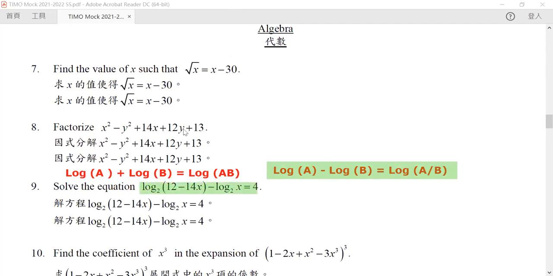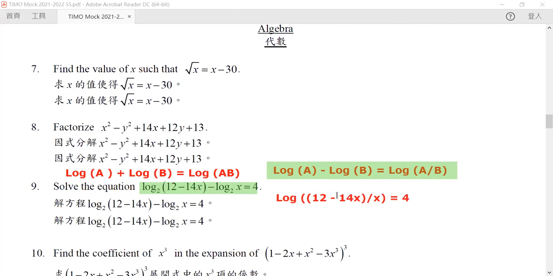So now, because it is a difference, we can change it into a division. So it will be log of that. It is understood that the base is equal to 2 in this case. So it will be log of 12 minus 14x divided by x, which will be equal to 4.